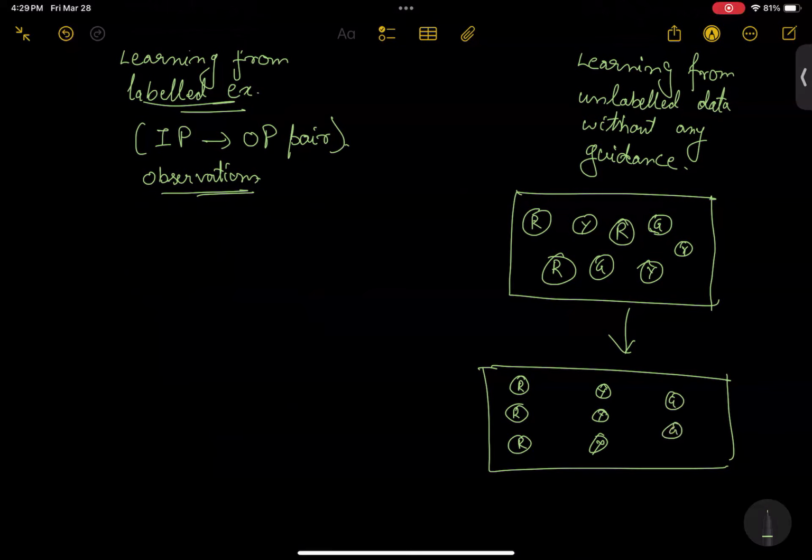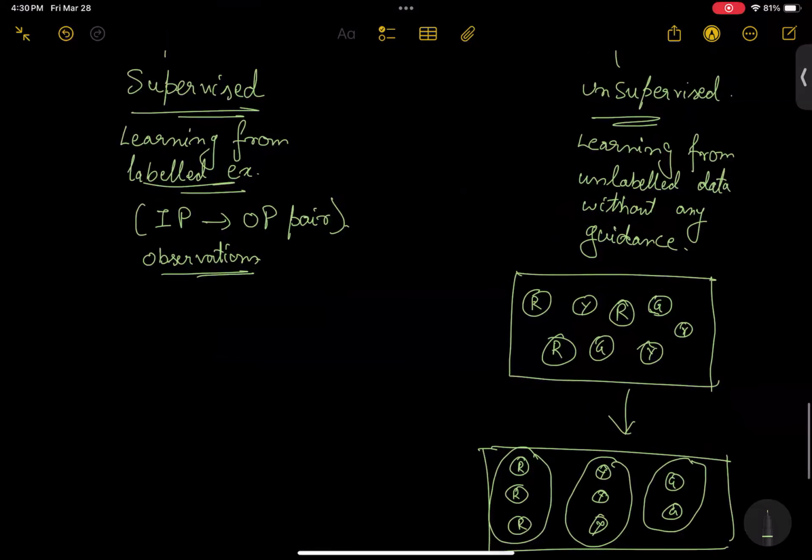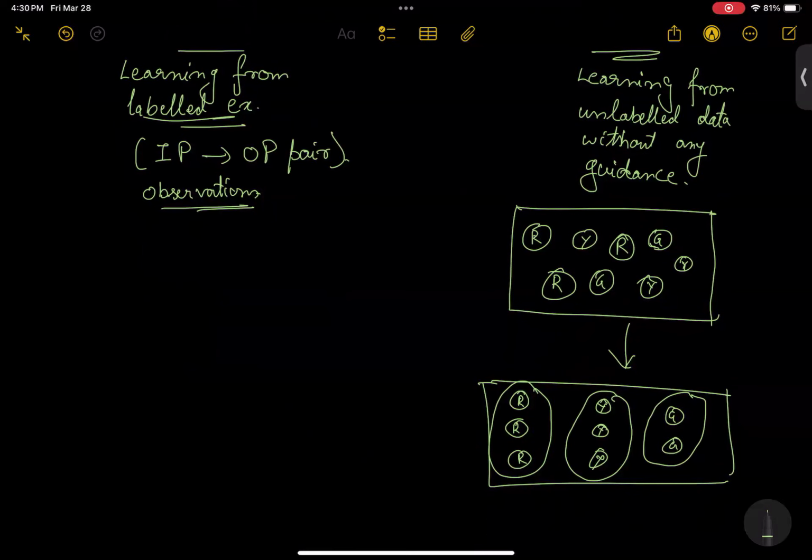If we can generate an algorithm which does this kind of thing, this is called clustering. We will go into the basics of clustering later. But in this case, you are not feeding the system any kind of input and output. You are just telling the system that given this input, which is balls of different colors, red, yellow, and green, can you group them together, right?